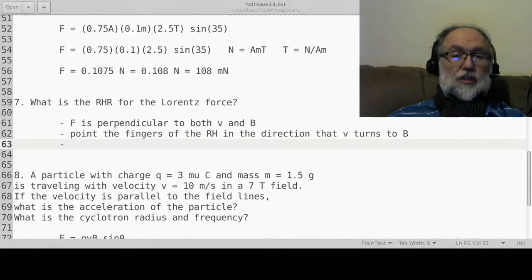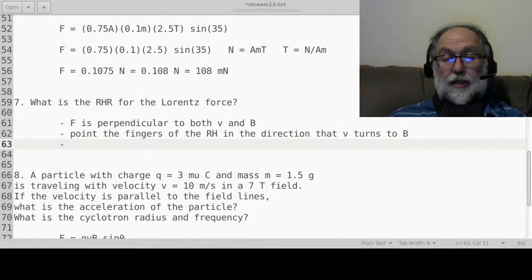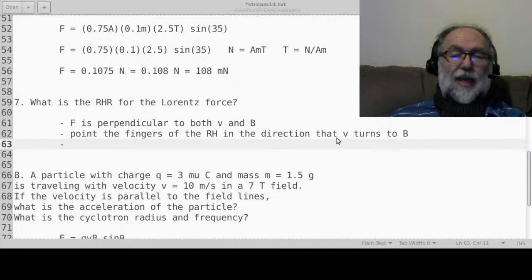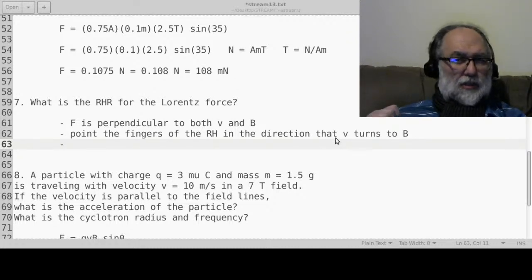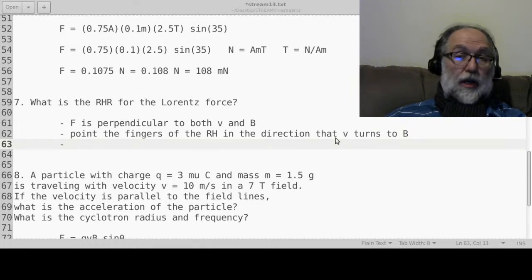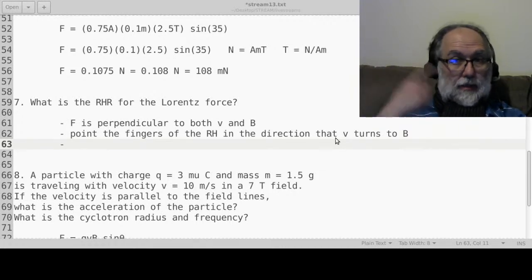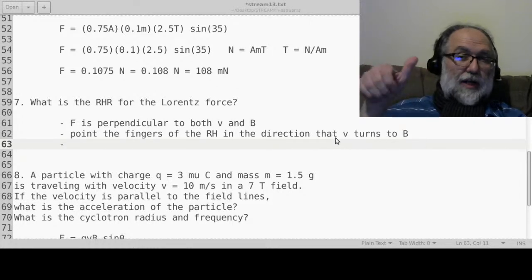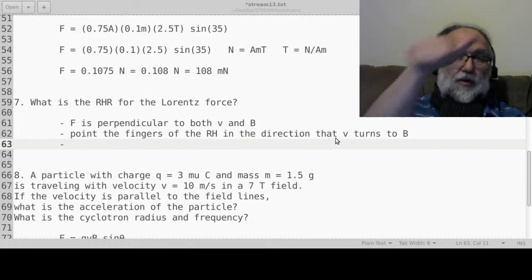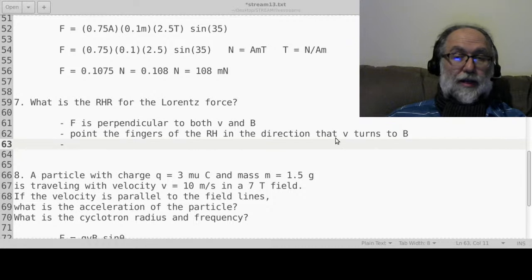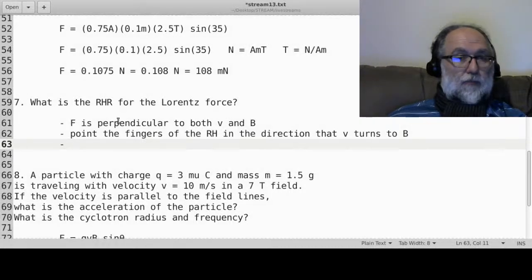It's called a curl, actually, if you want the mathematical term. So, imagine the direction that V would turn to B, or rotate to B. Imagine you've got V and you're going to just start turning it towards B, okay? And as you turn it, there's a sense, okay? You point your fingers in the direction of that sense, of that turn, and your thumb will automatically point in the direction of the force, okay?